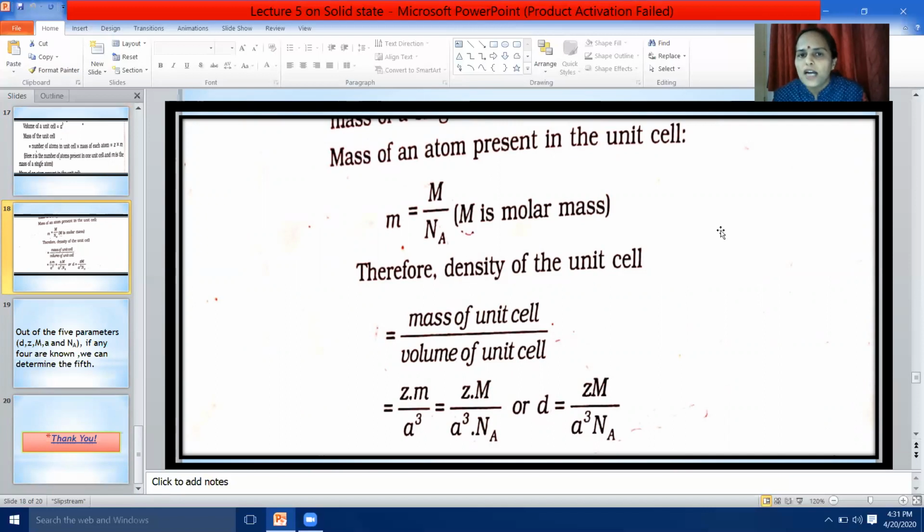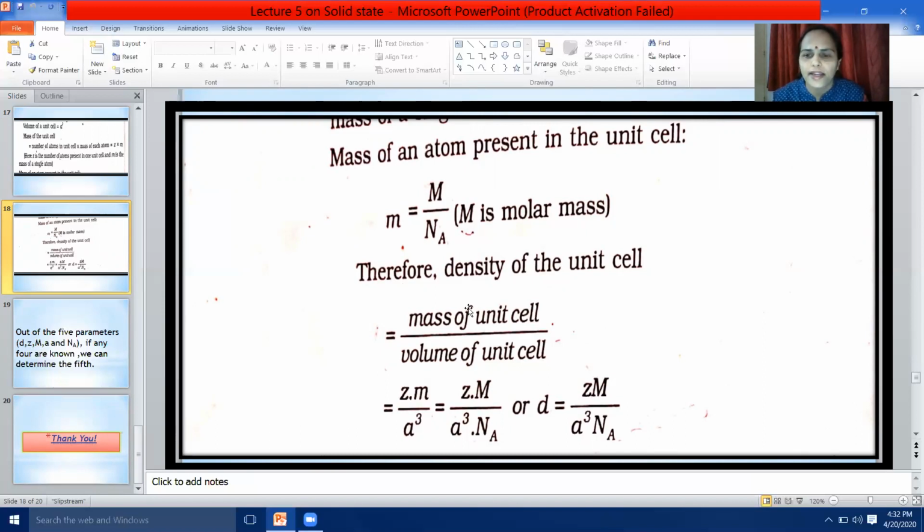Before that, mass of an atom present in the unit cell, that is small m, is also equivalent to capital M upon Na. Capital M is the molar mass of the substance and Na is the Avogadro's number. Avogadro's number value is equal to 6.022 into 10 raised to 23.